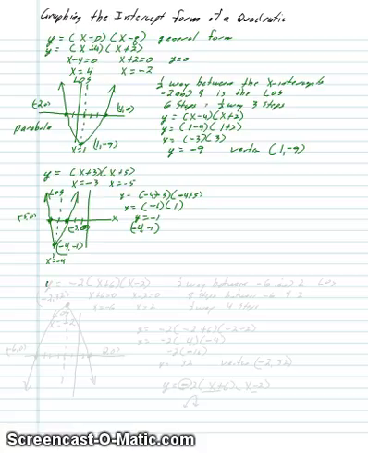One more example. Y equals negative 2, x plus 6, x minus 2. Halfway between negative 6 and positive 2.